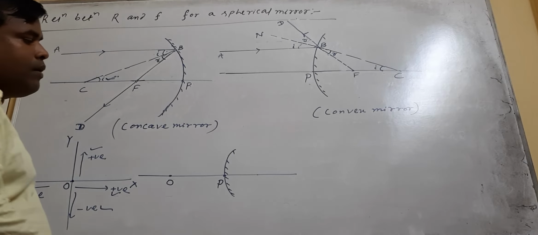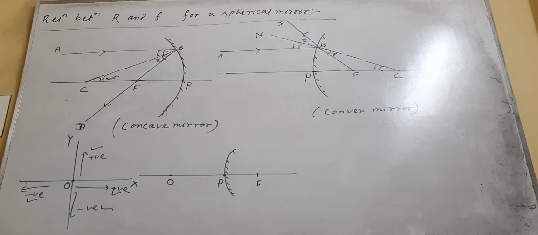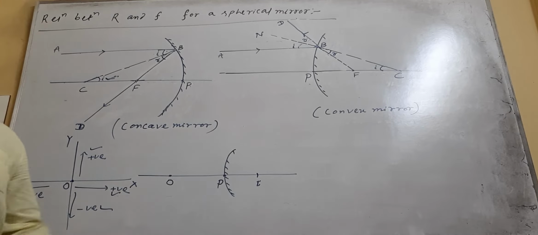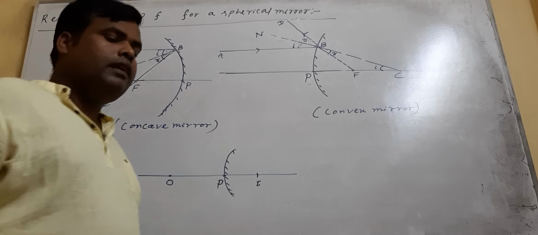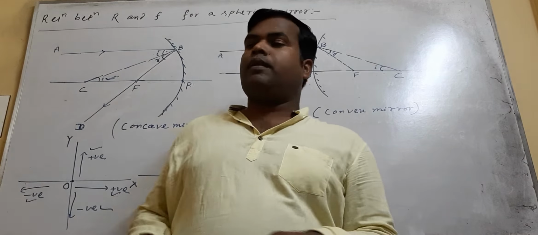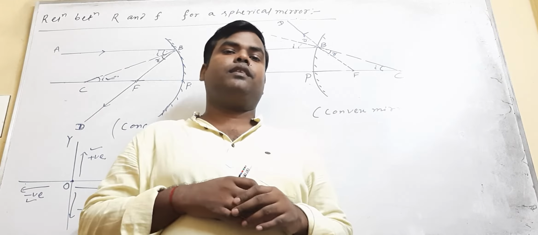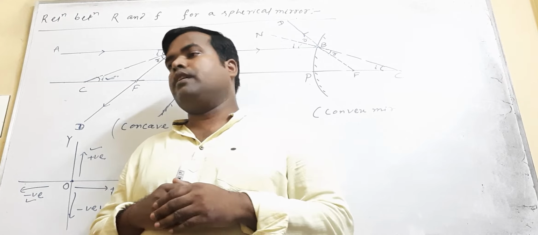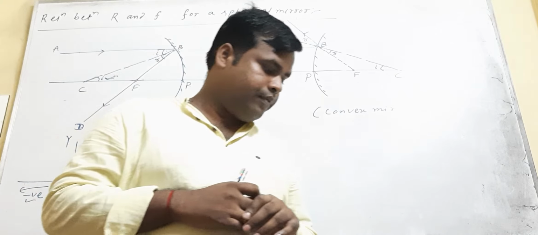If the image is formed on the right side, then the image distance will be positive. If the image is formed on the left side, then the image distance will be negative. So simply, to solve numericals in the case of mirrors or lenses, you use the Cartesian convention.